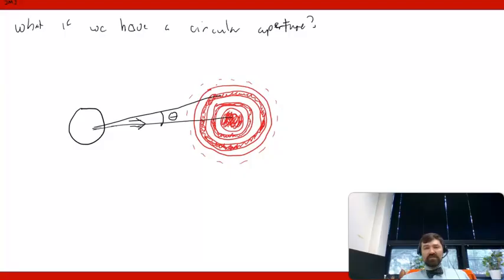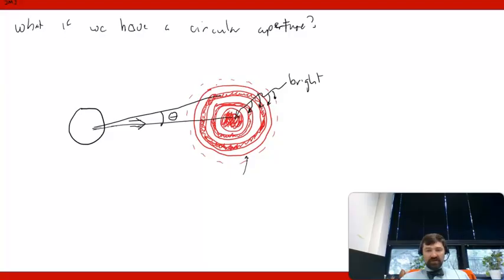What we're mostly interested in here is where the dark fringes are located. So the shaded in parts here are bright. These right here represent the bright fringes. And the areas that I haven't shaded in would represent dark.